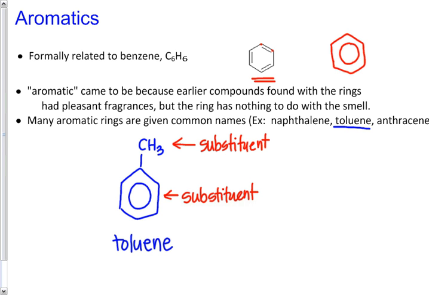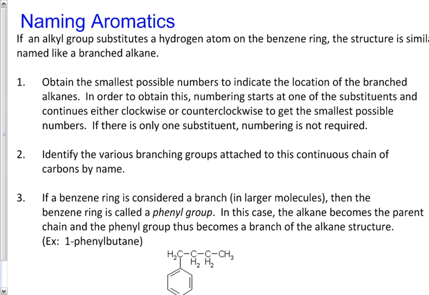Generally speaking, if this chain here is 4 carbons or more, we consider that the parent chain. Otherwise, the benzene is the parent and any group attached is a substituent. We'll show you what I mean in an example here.